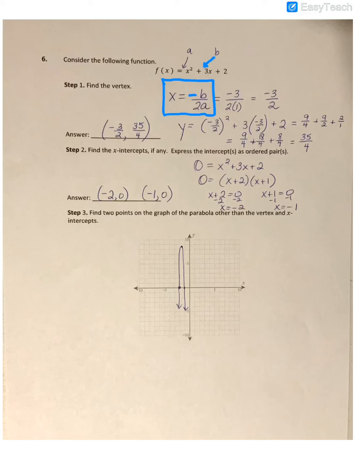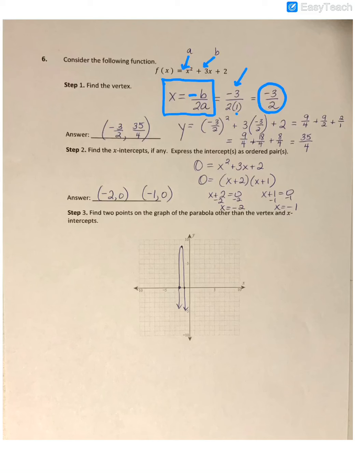This formula says I take the opposite of that. So notice I took negative 3. Your A is always in front of your squared term. And if there's nothing there, it is understood to be a 1 like I plugged in. So sometimes we do get fractions, leave them in fraction form. So in this case, my x-coordinate of my vertex is negative 3 over 2.